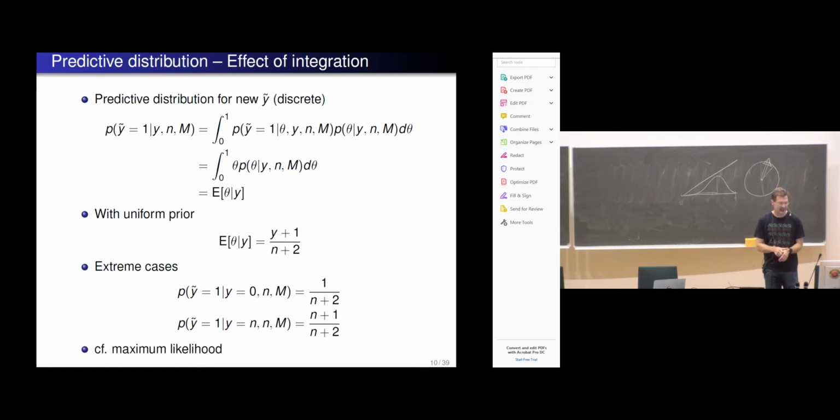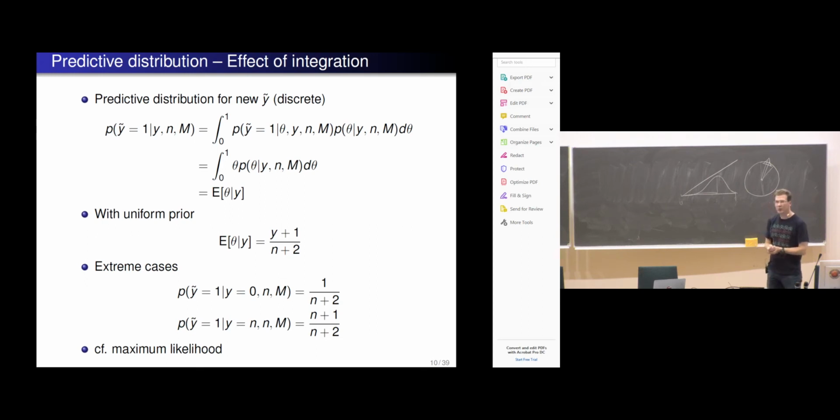in that sense that now this integration is already regularizing our inference. Extreme cases. What if we have so far observed 0 red ones? What is the probability that the next one is red? It's 1 per n plus 2, so it's not 0.